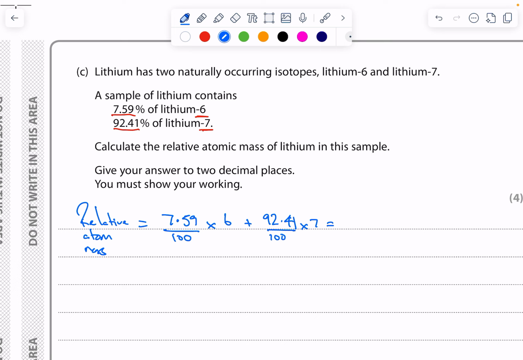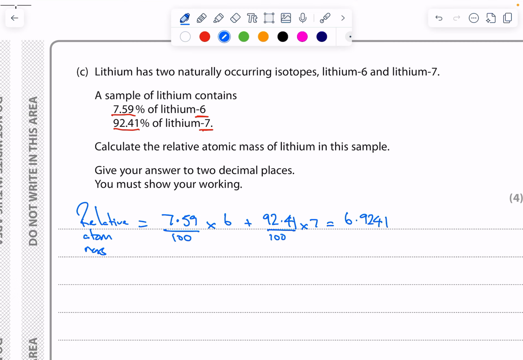Okay, so let me just do that on my calculator. Turn it on. So we've got 7.59 times 6, and then we've got to divide that by 100, and then we're going to add 92.41 times by the 7 and divided by 100 also, and that's giving me an answer here of 6.9241.